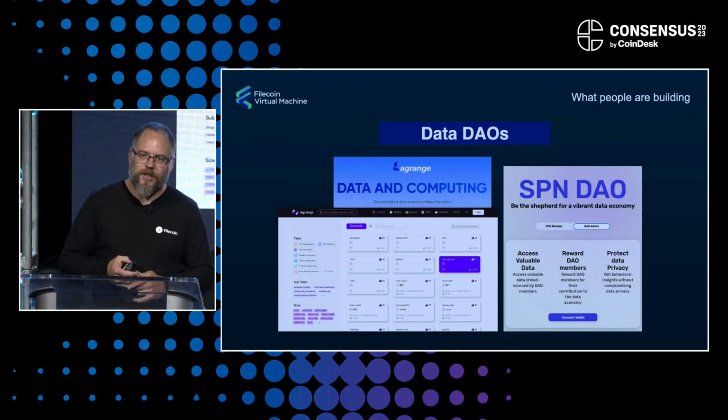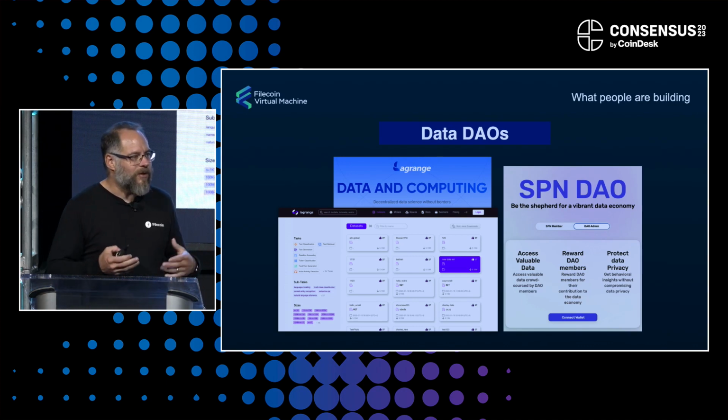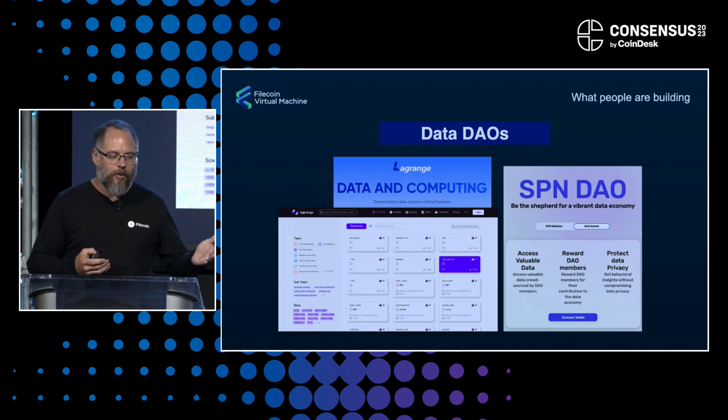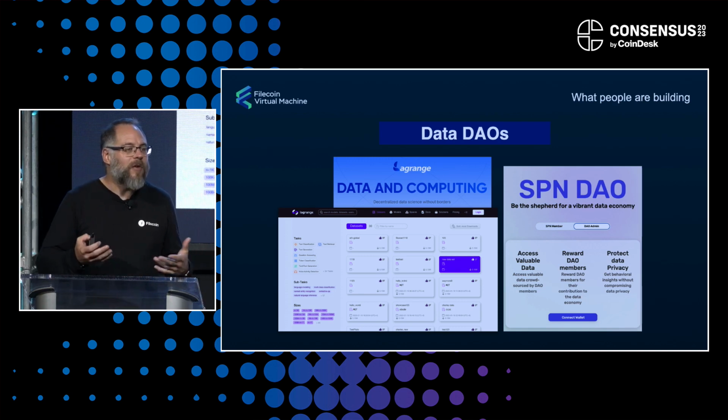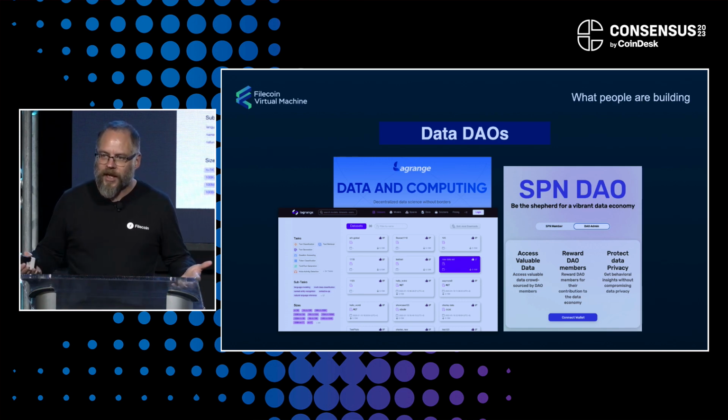I mentioned data DAOs, decentralized autonomous organizations, but focused around data itself. So Lagrange and SpendDAO are two examples of projects that are storing large scientific data sets on Filecoin, and they're allowing people to, like I say, collaboratively fund those data sets. So imagine you're a researcher, you have potentially several research bodies that are funding your work independently.